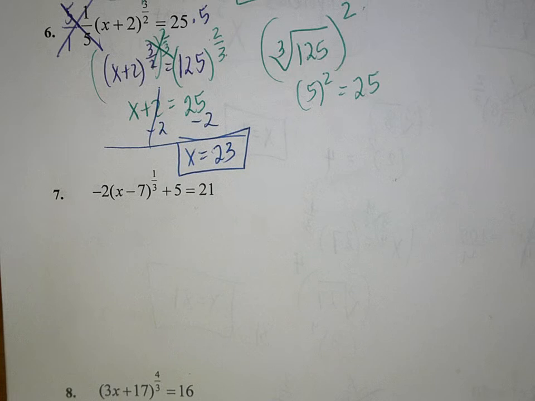And then you do this. You're close. Then you would divide by -2. Yeah, because that would be multiplication, so you would do multiplication by division.